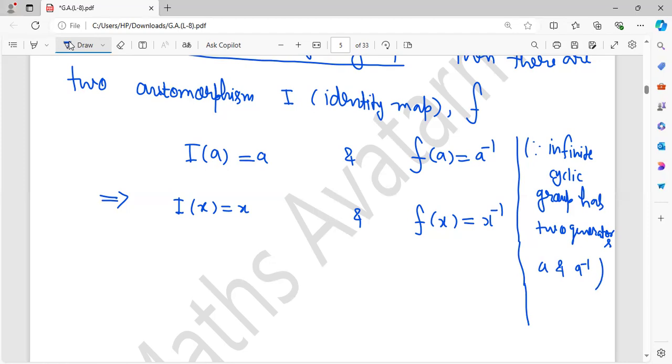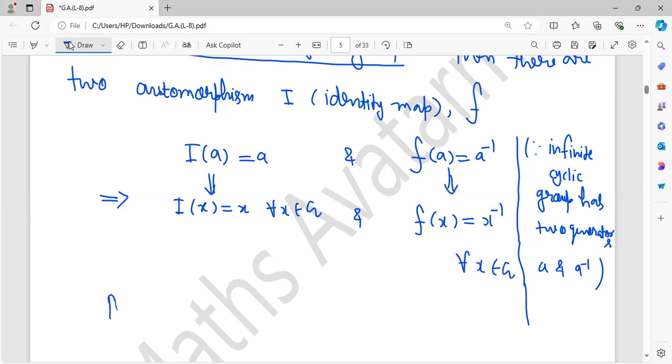So how does an automorphism come? A goes to A, or A goes to the other generator. That is why this will imply, for all X belongs to G, X is equal to X inverse.